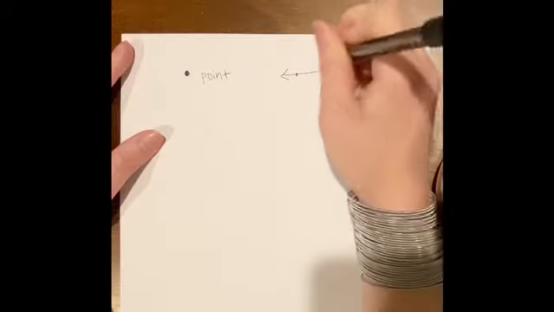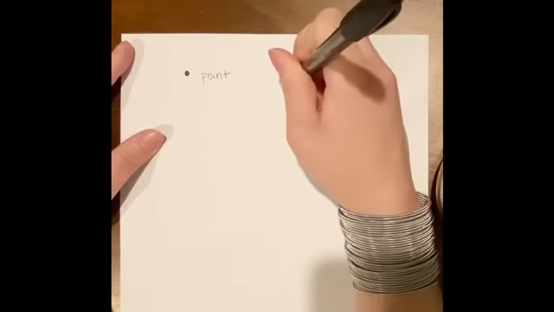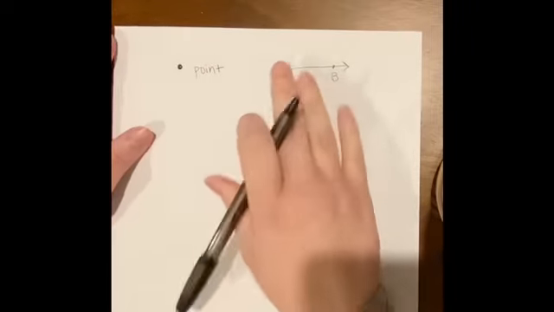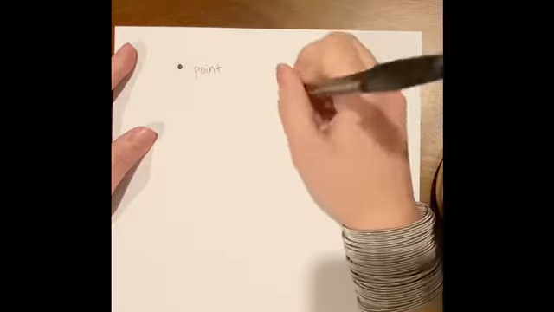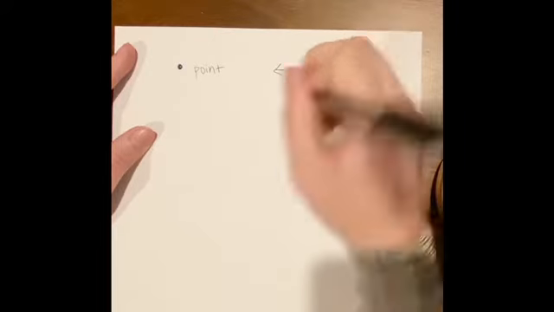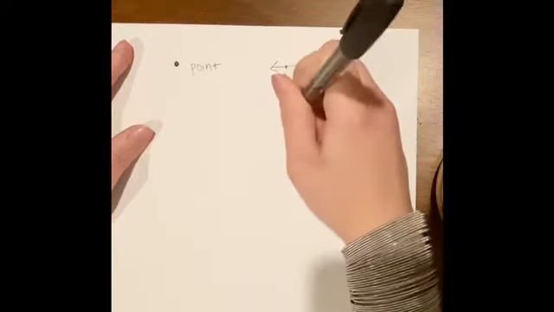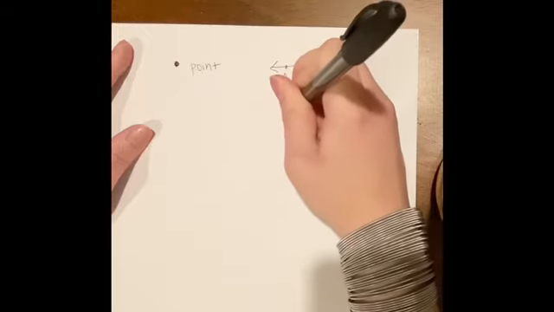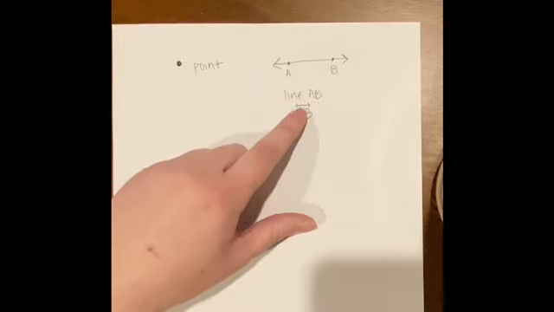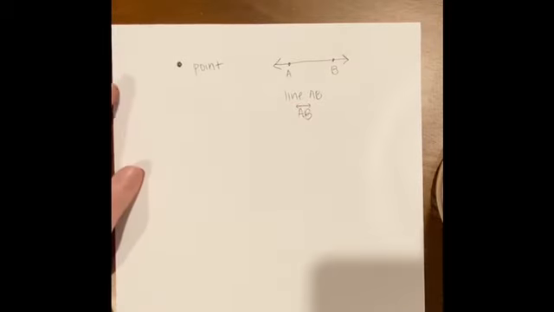We name lines by using the points. So the name of this line would be line AB, or we could just say AB and put a little line above it. That tells us that is line AB.